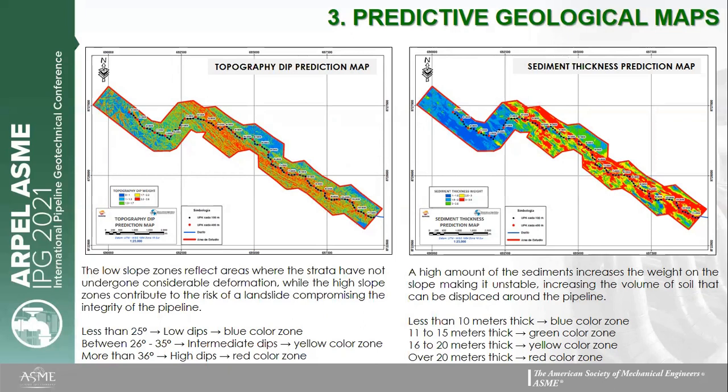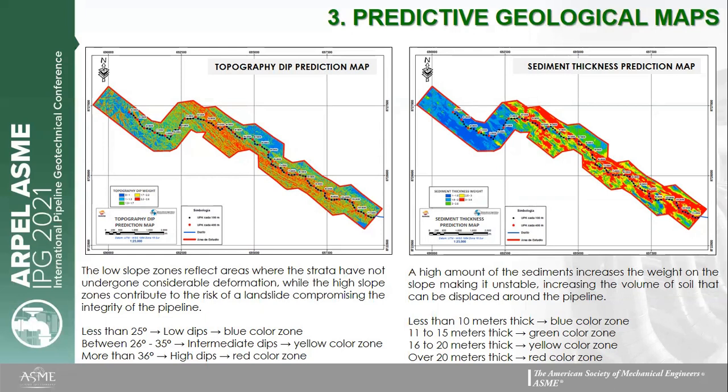And if we have dips of more than 36 degrees, it means high dips, they are going to be identified by the red color zones. What is important here? That the lowest slope zones reflect areas where the strata have not undergone considerable deformation, while the highest slope zones contribute to the risk of a landslide compromising the integrity of the pipeline.